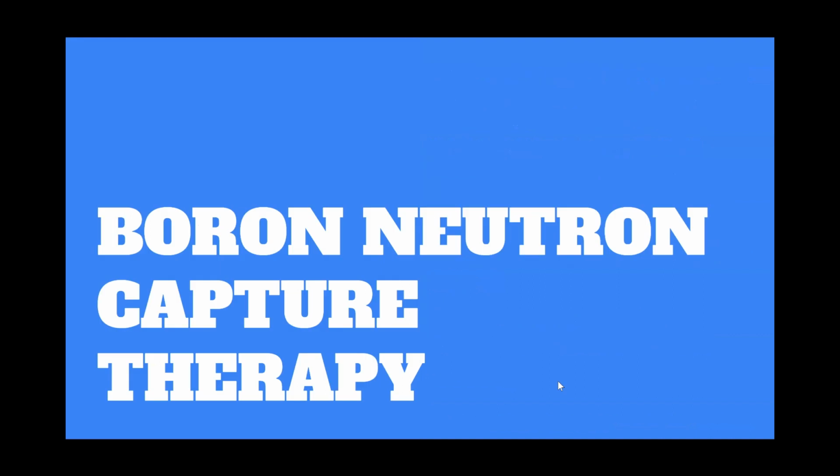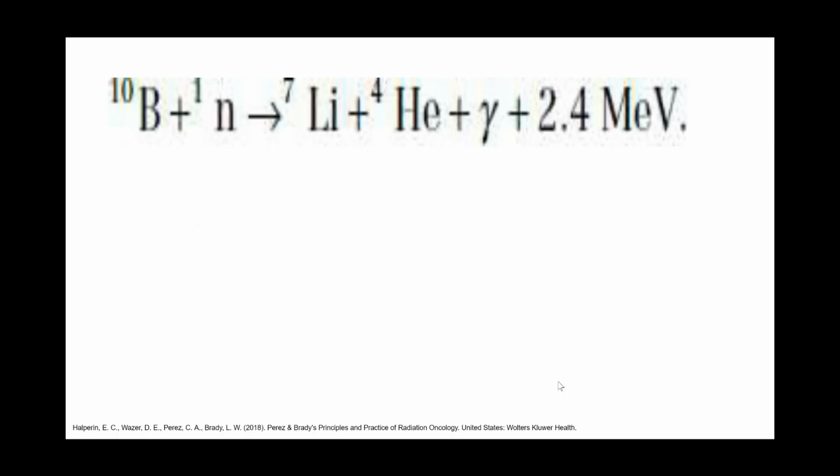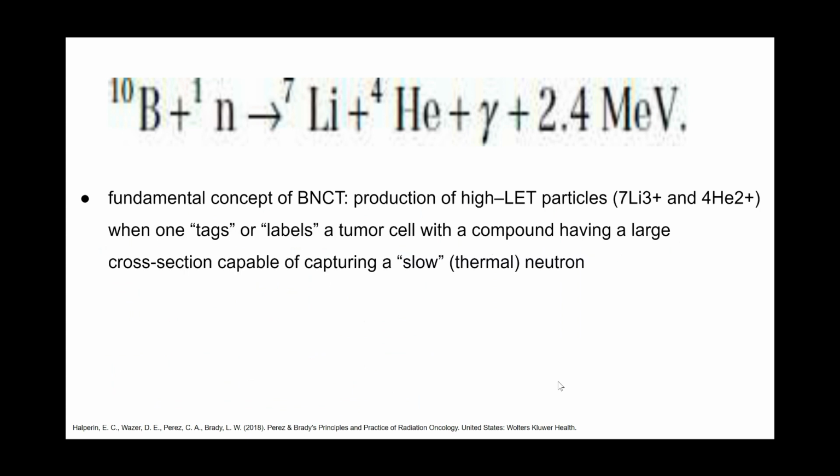Now we come to boron neutron capture therapy. It basically comes out of this reaction: when boron is irradiated by a slow or thermal neutron, we get lithium and helium, and a photon.